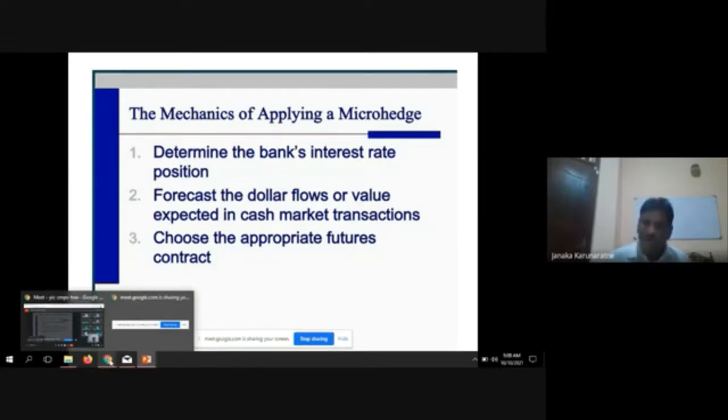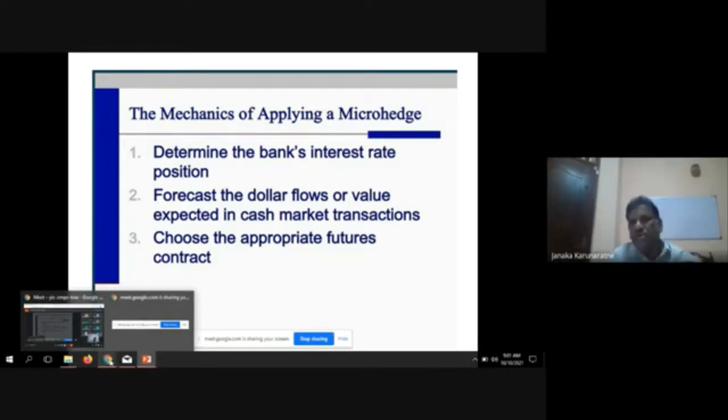If that happens, in 3 months time you will realize only 88. If you sell it today, you will realize 92. But if you hold it and want to sell it in 3 months time, and the interest rate rises, then it will drop to 88 and you will end up with a loss. Probably that may not be enough for your other transaction. So that is the risk.